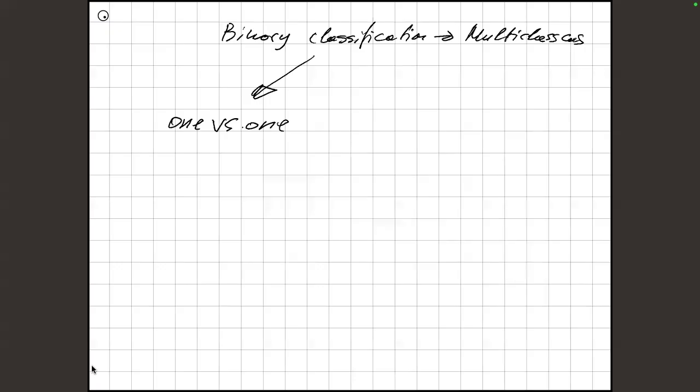You basically build, if we have M classes, M times (M minus 1) over 2 models.